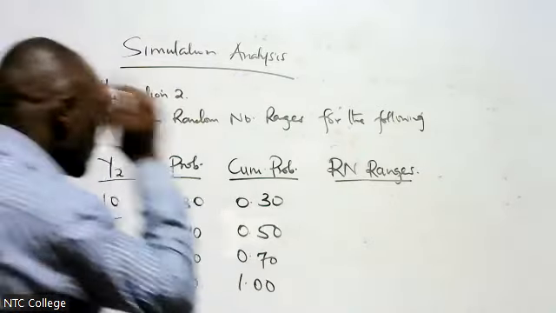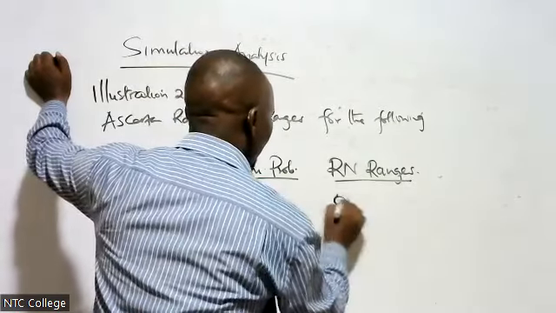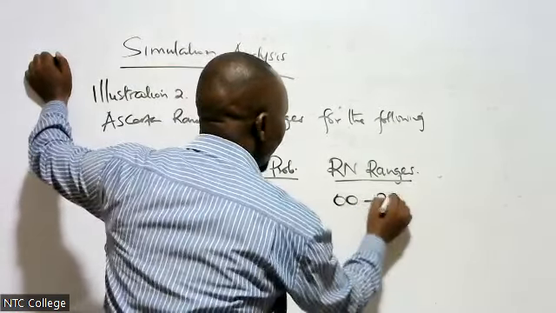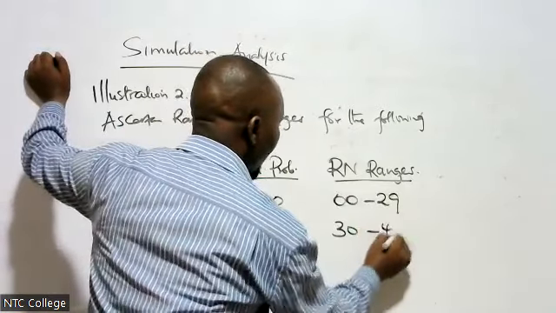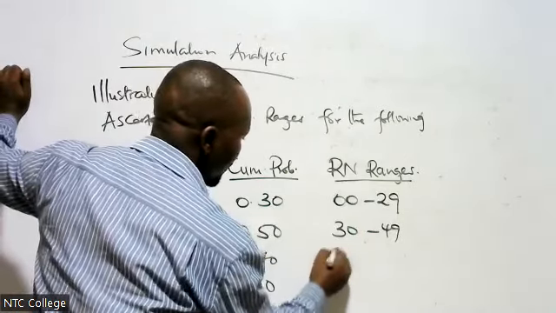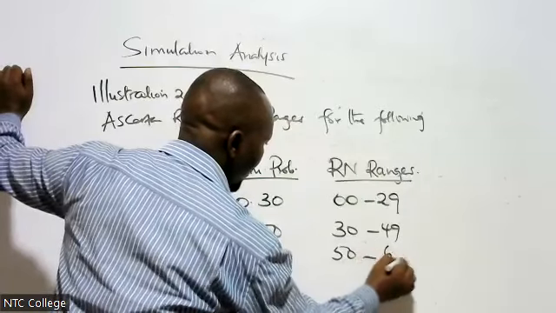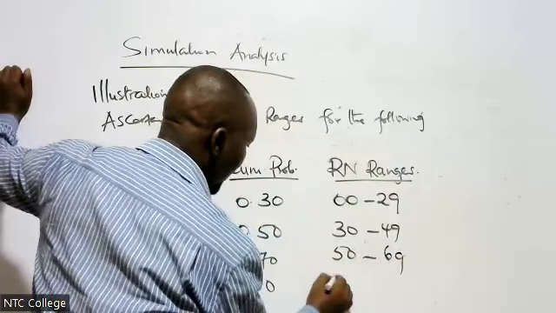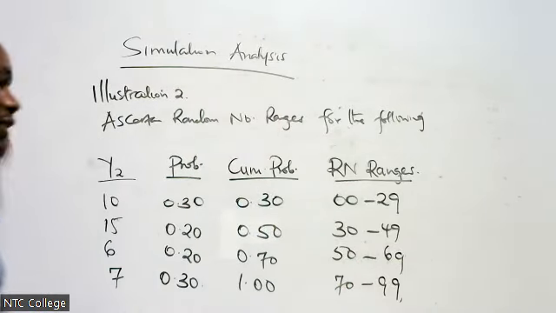Then you can expand them so that you have 00 to 29, then 30 to 49, then 50 to 69, then 70 to 99. Very simple like that.